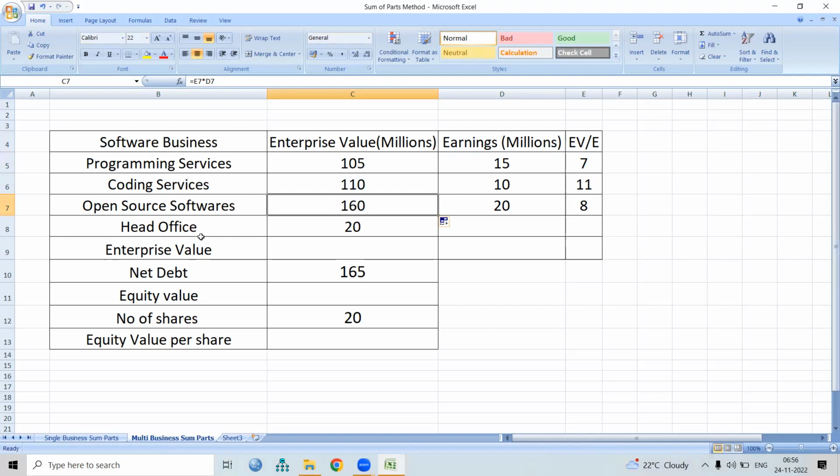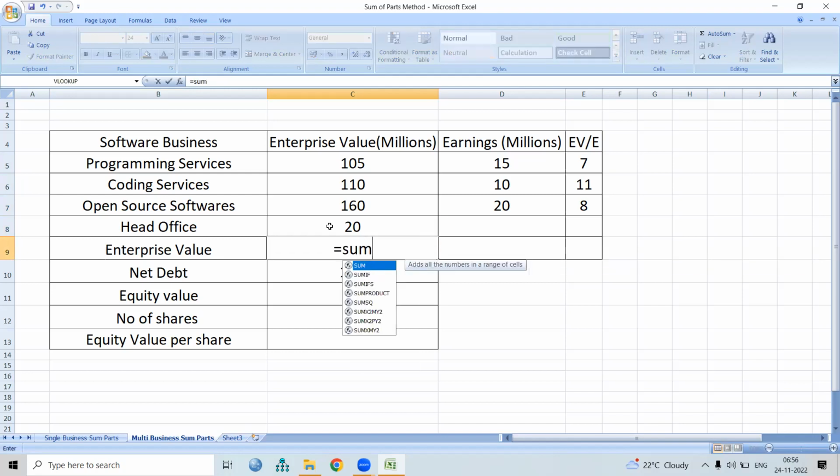And please mind you, for head office, there'll be no earnings. So based on some similar calculation, the head office enterprise value is calculated. Now we have programming service enterprise value, coding service enterprise value, open source software enterprise value. Let's find out the head office, right? So how do you find out the head office value here? Equals to sum.